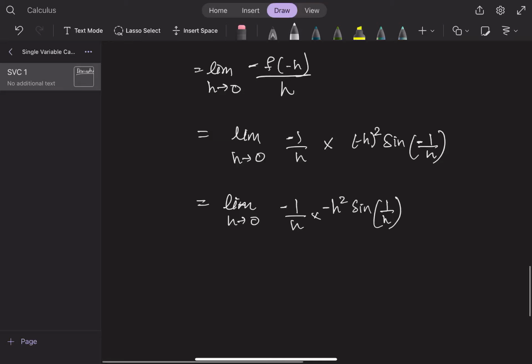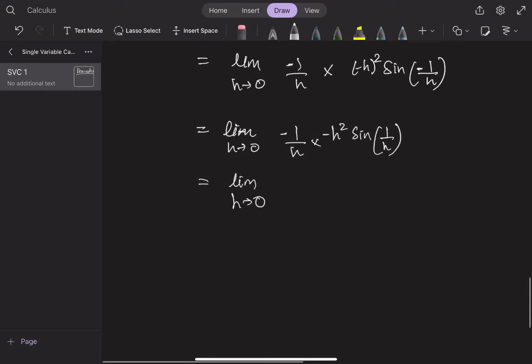So you can write this as limit h tends to 0. You can cancel the minus and you can cancel one h. So you get h sine of 1 by h. And if you put h in this, you're going to get 0.